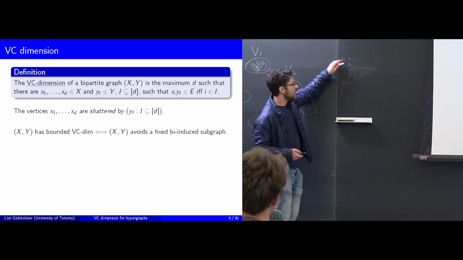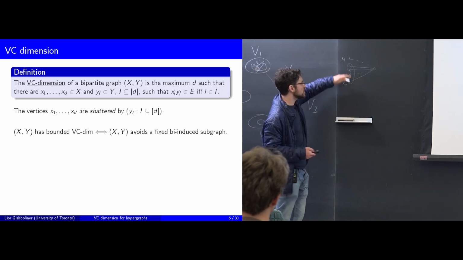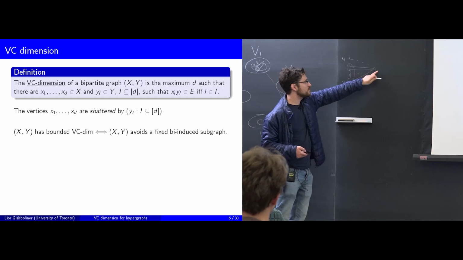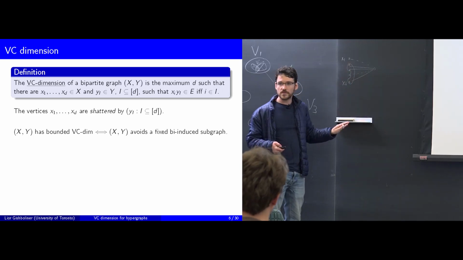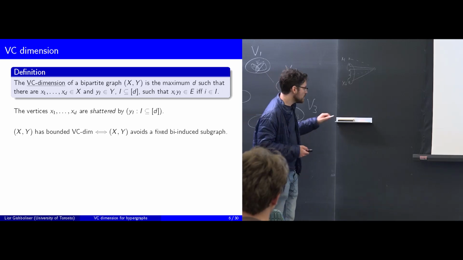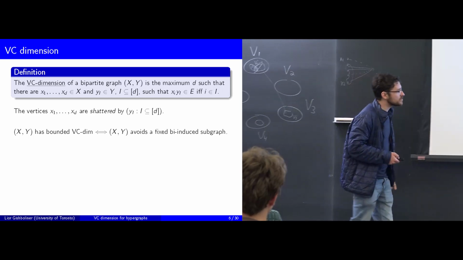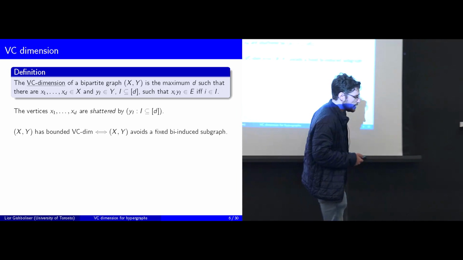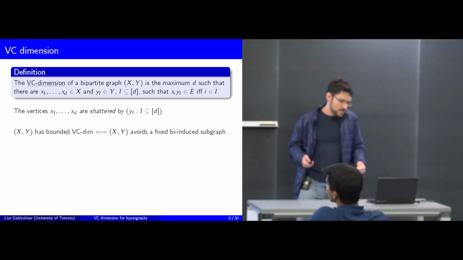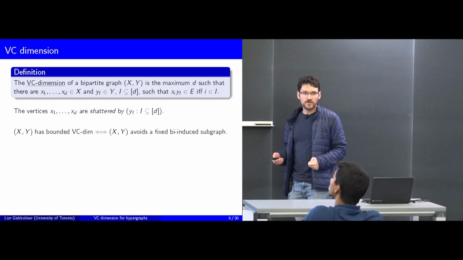Because here I take my vertices and I can choose any subset of them and have a vertex that's adjacent exactly to this subset. So I can build any graph like this. Okay, so to say that a bipartite graph has bounded VC dimension is the same as saying that it avoids some fixed bi-induced subgraph.